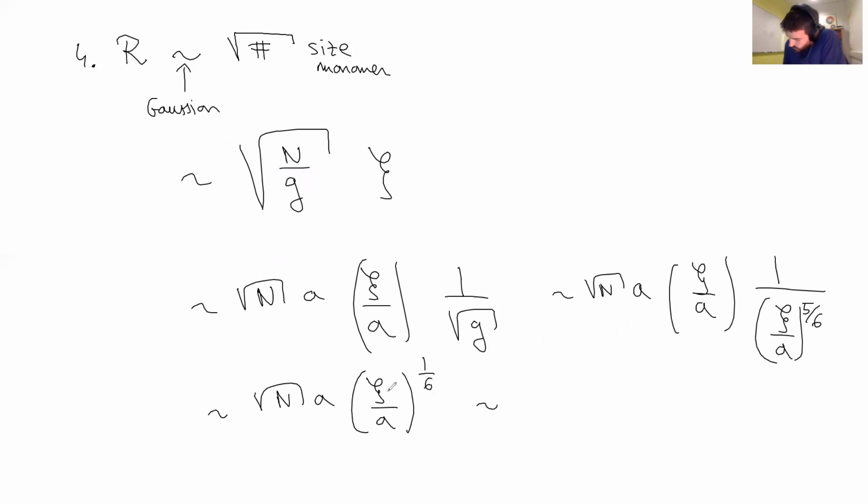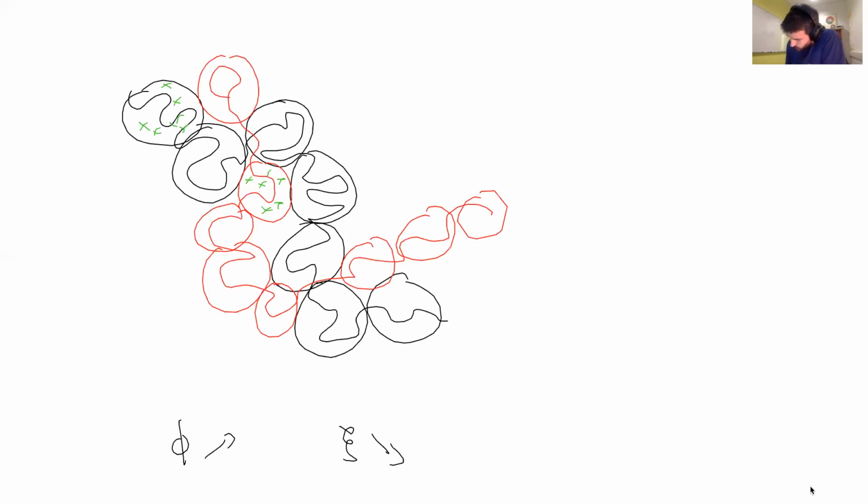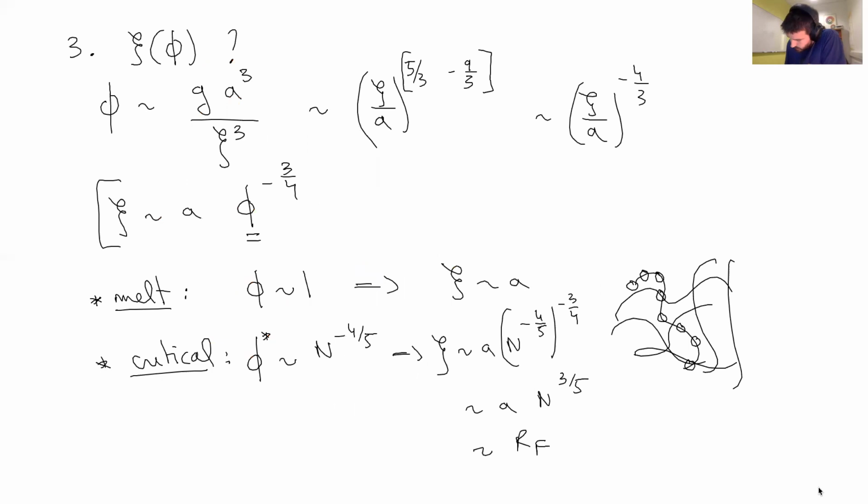And besides, you know a connection between psi and phi, the volume fraction. So the volume fraction is appearing here. Psi over a is phi to the minus 3/4.